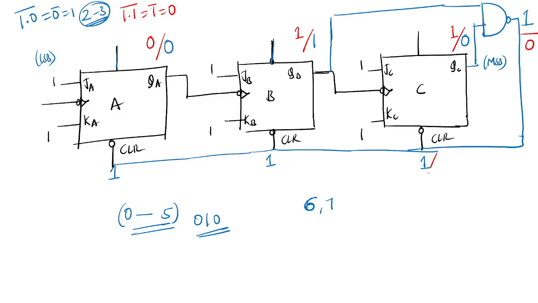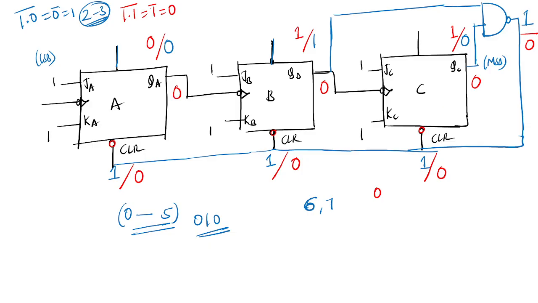So 0 comes to all the clear circuits irrespective of input and clock, and it will force the output to 0. So it will count from 0 to 5 only. After 6 comes, it will return to the initial state. Since the bubble is there, clear is active low, so if it is 1, clear is not activated.